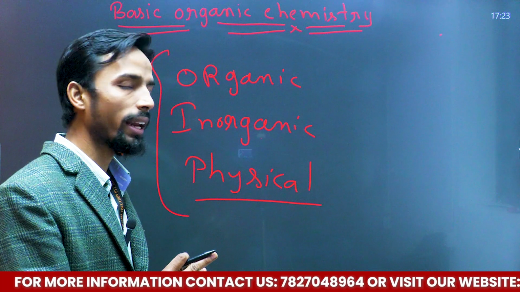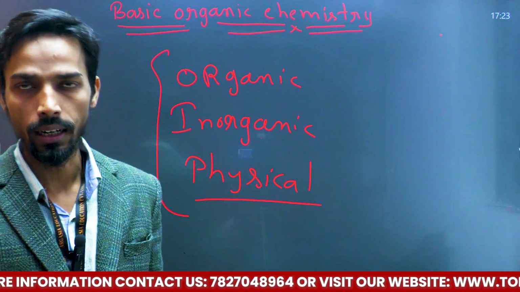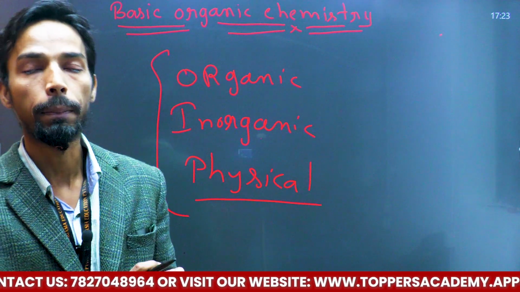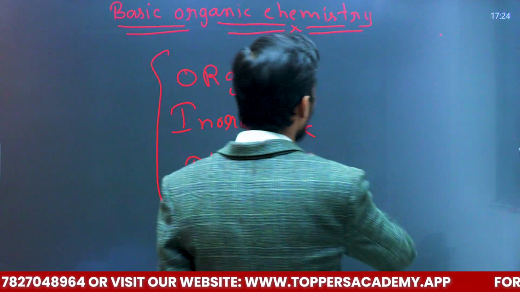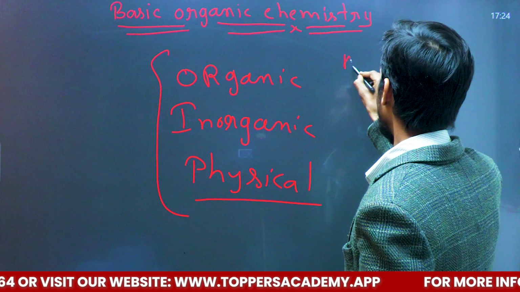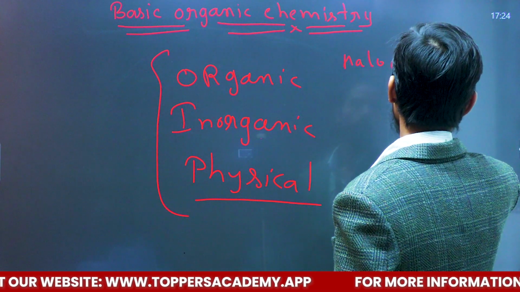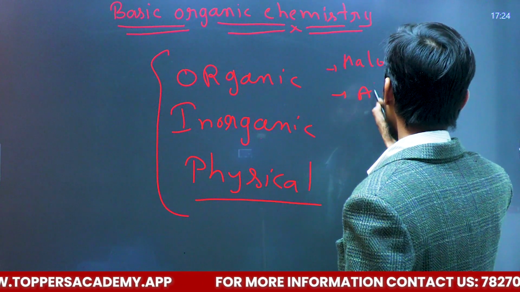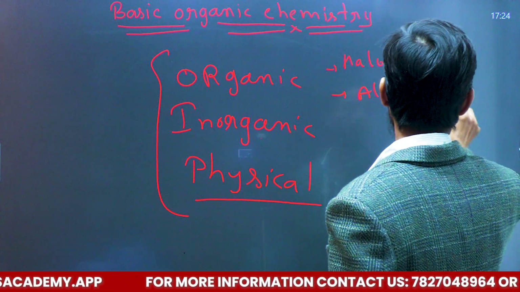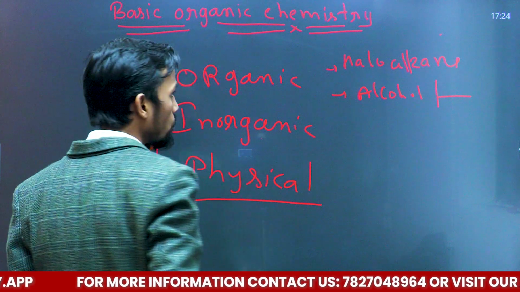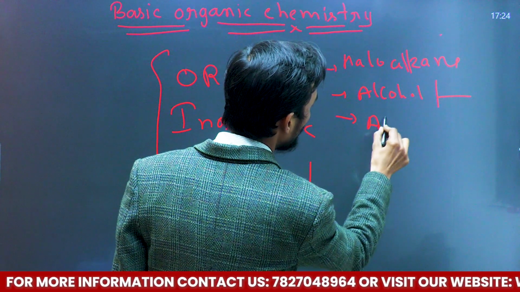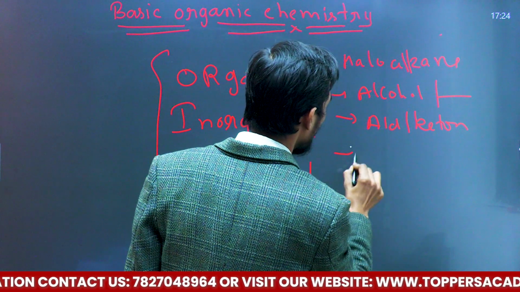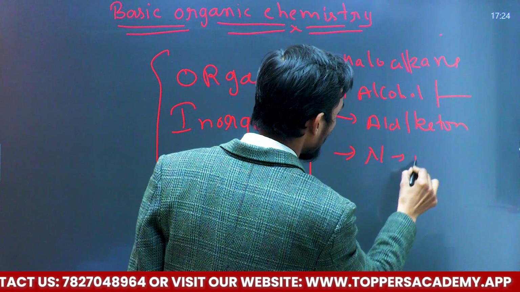It is very useful from the class 11 point of view and also from the class 12 point of view, because in class 12 most of our chapters like haloalkanes and haloarenes, alcohol, phenol and ether, or you can say oxygen containing compounds, aldehyde, ketone, and nitrogen containing compounds such as amines.